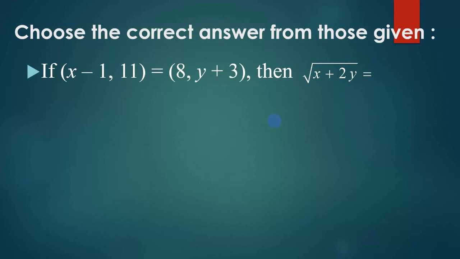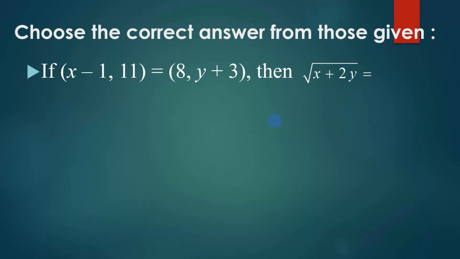That means that X equals 8 plus 1, equals 9. Now, from the equality of the two ordered pairs, Y plus 3 equals 11. That means that Y equals 8.